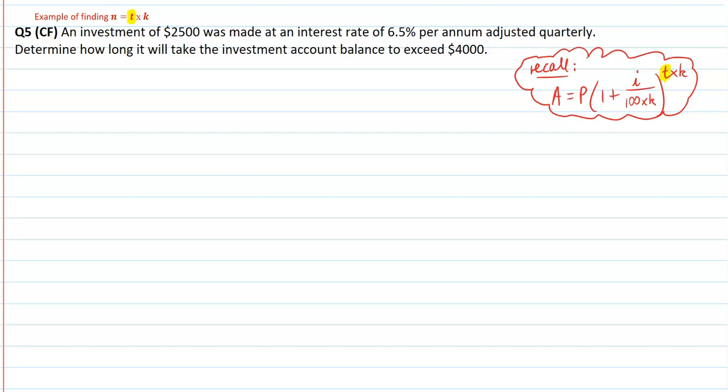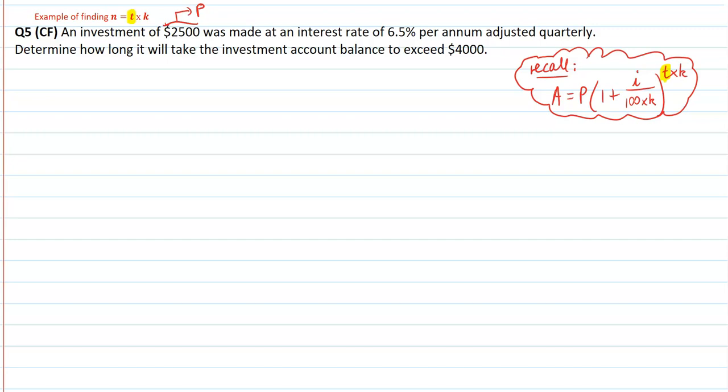Reading through the question, an investment of $2,500 was made at an interest rate of 6.5% per annum, adjusted quarterly. Determine how long it will take the investment account balance to exceed $4,000. So again, good practice to go through and identify the values we're given.